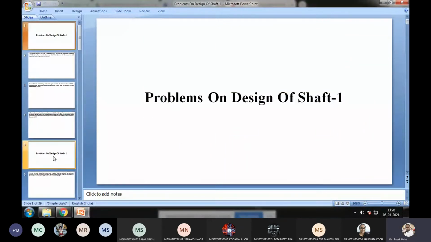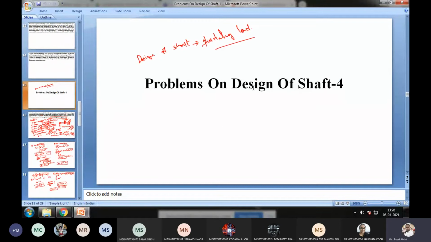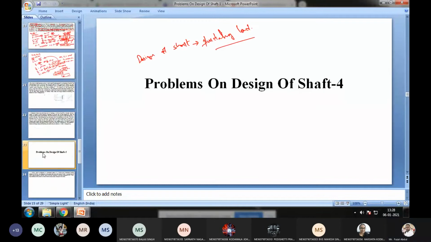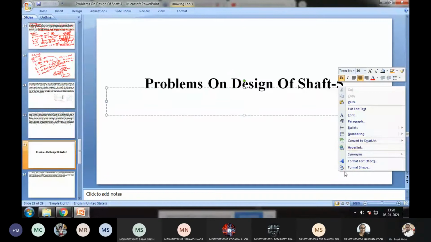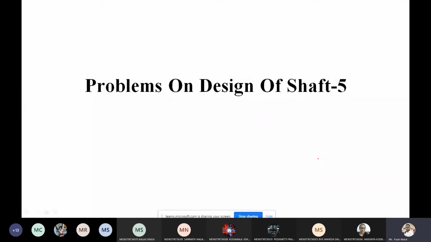Now these are the problems we discussed yesterday. This is the fourth case, fluctuating loads. This is the case in addition to axial loading.